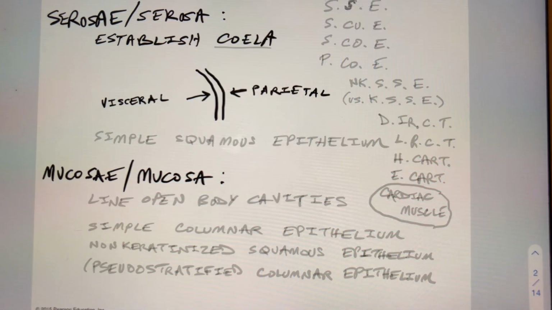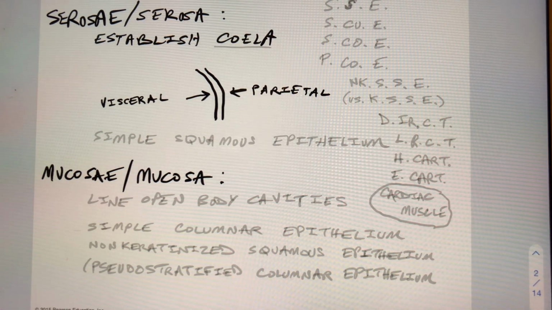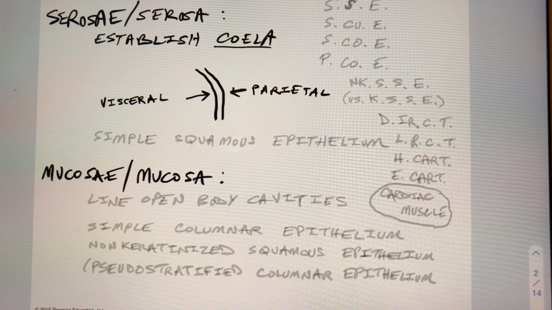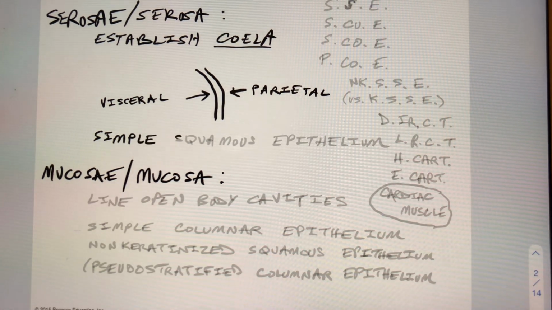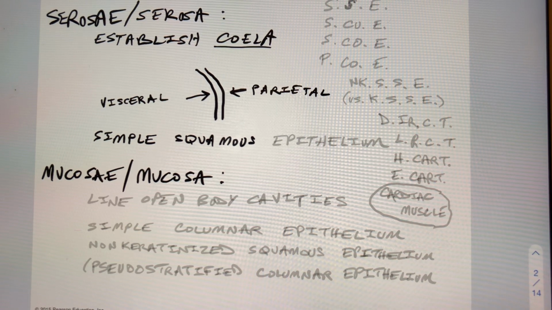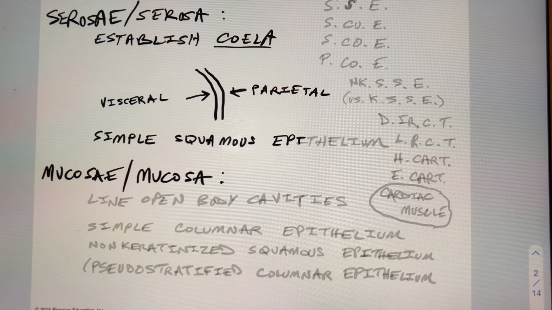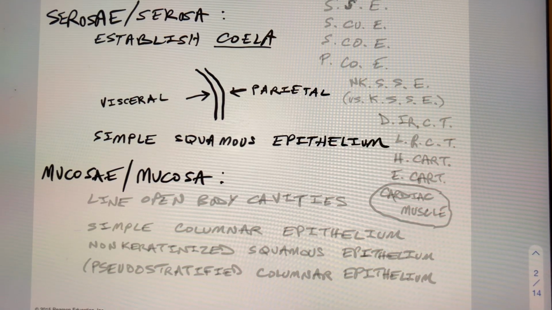Serosae are only associated with internalized body cavities, in other words, coela, okay? And serosae are always, only, ever comprised of simple squamous, or your 241 instructor may have said squamous, I don't care, that's fine, as long as you can spell it, epithelium. Okay.